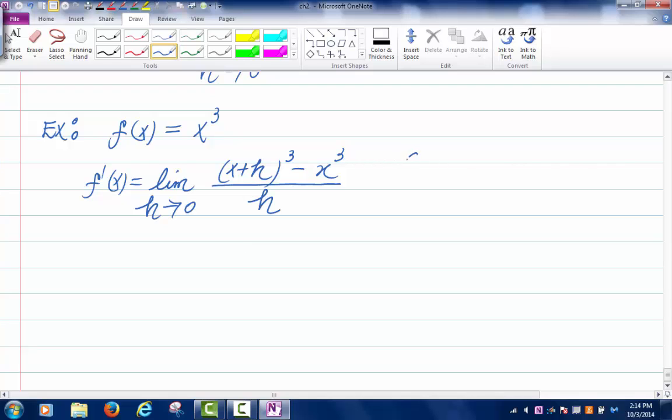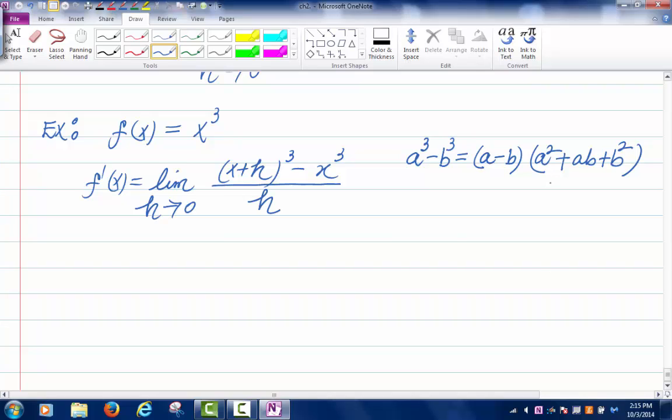Or let me tell you that if you have the difference of two cubes, it is equal to a minus b multiplied with a squared plus ab plus b squared. Is that making sense? So I can factor out a cubed minus b cubed in this way.